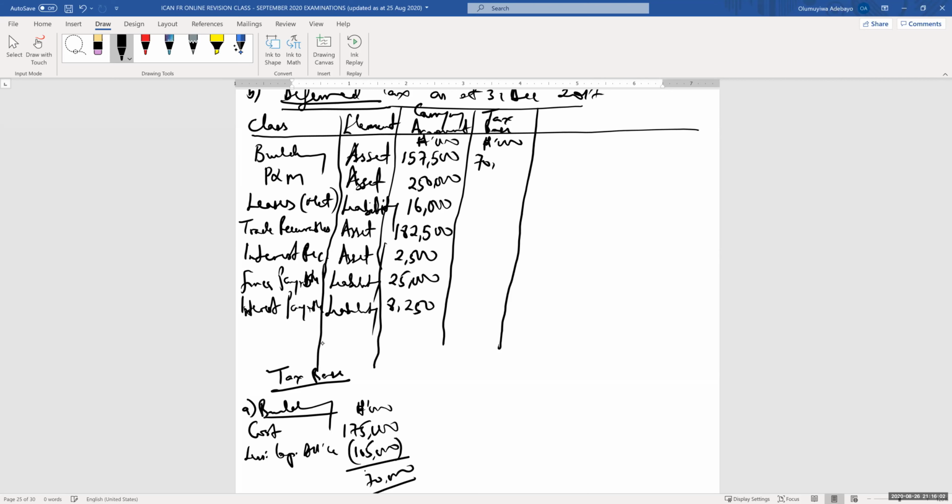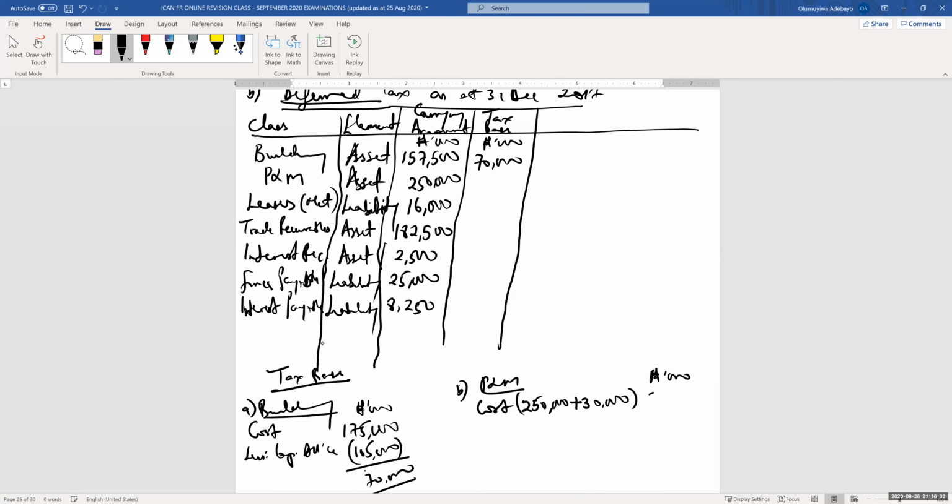What is the tax base of plant and machinery? What is the cost of plant and machinery? Who can answer that? Go back to the question. What is the cost? Remember, they gave us the book value to be 250, and we are told that it's after he has deducted depreciation of 30.